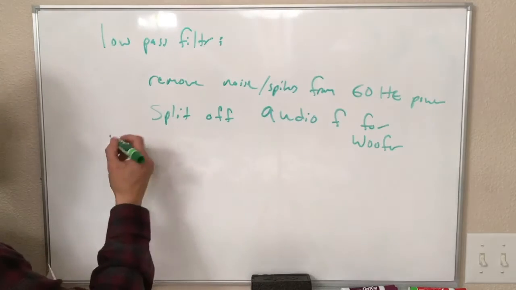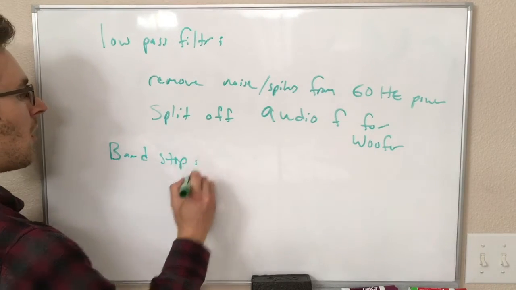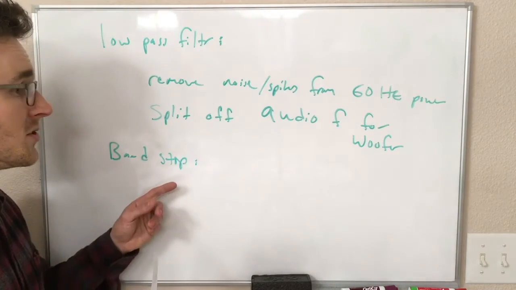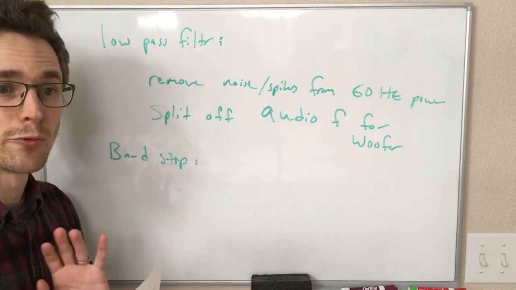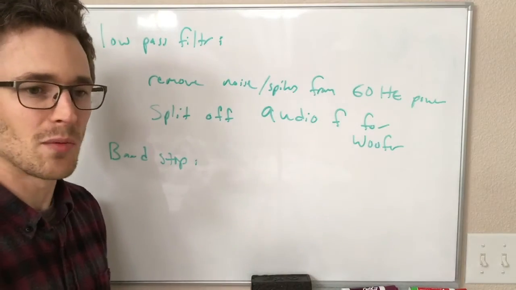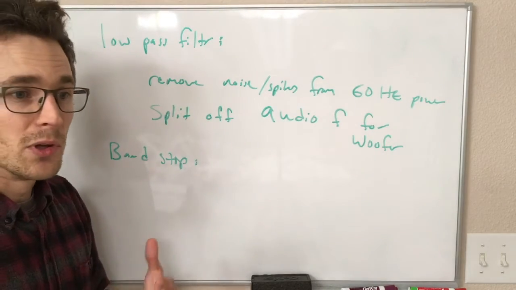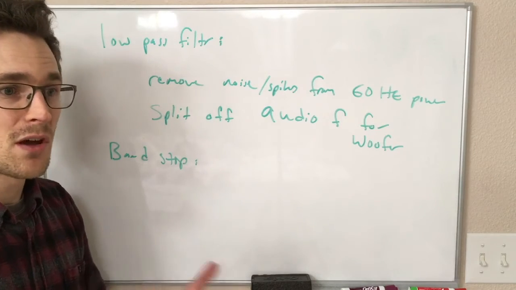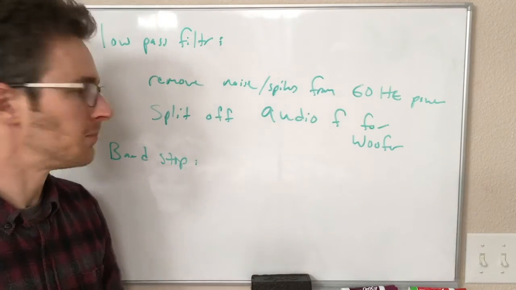Other applications that just come to mind: band stop filters are very useful because if you have some signal component that you don't want, you can remove it. So for example, 60 hertz is great when you want to plug something into it, but if you're making a sensitive measurement, a circuit can actually couple to the magnetic field that's caused by oscillating currents at 60 hertz, which are pretty much everywhere.